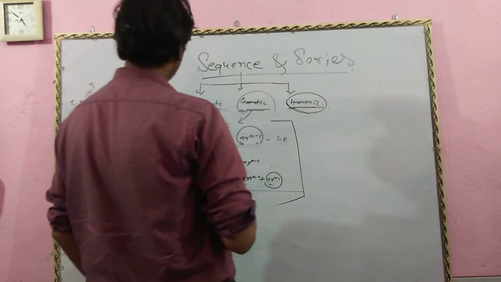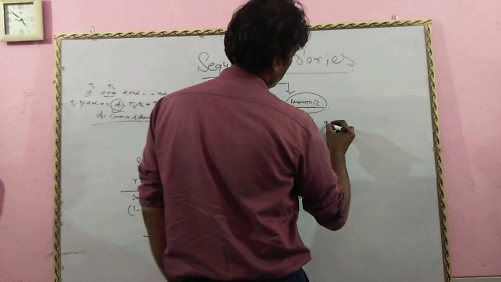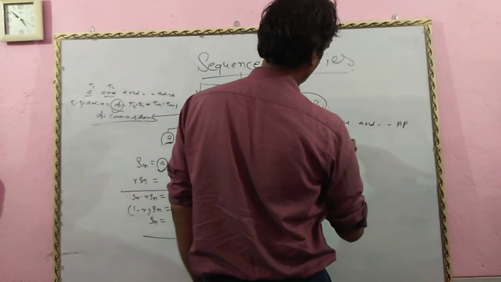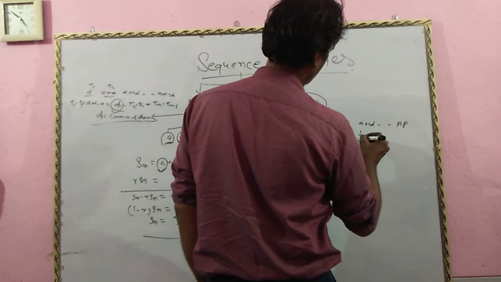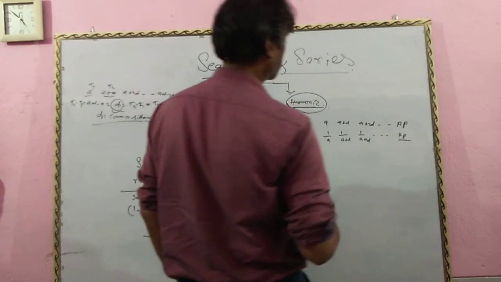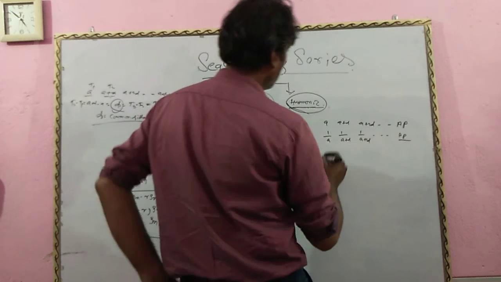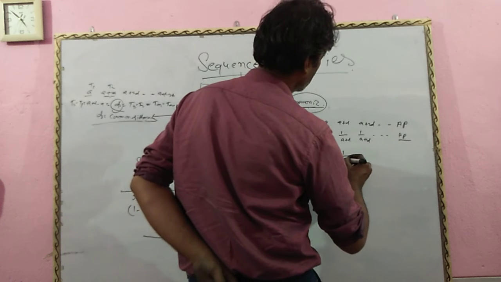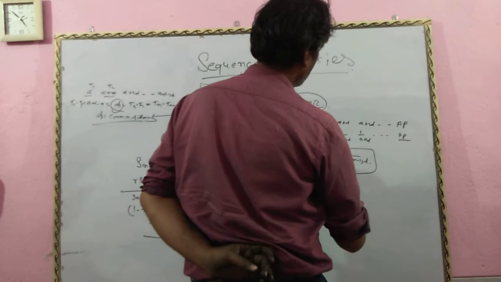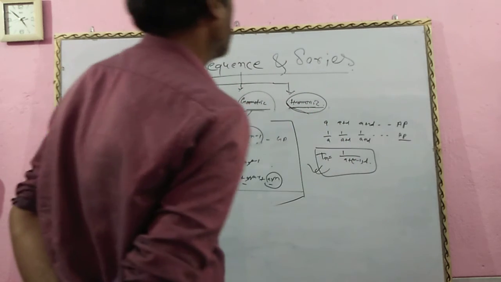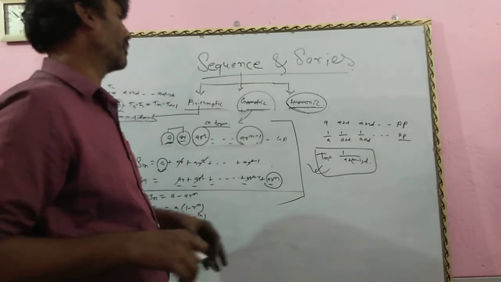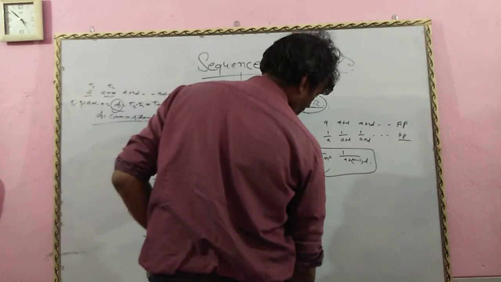So if a, a plus d, a plus 2d is in AP, arithmetic progression, then 1 upon a, 1 upon a plus d, 1 upon a plus 2d will be an HP, harmonic progression. Then the nth term will be 1 upon (a plus (n minus 1)d). Nothing else is needed. This was all about the basics of arithmetic, geometric and harmonic progressions.